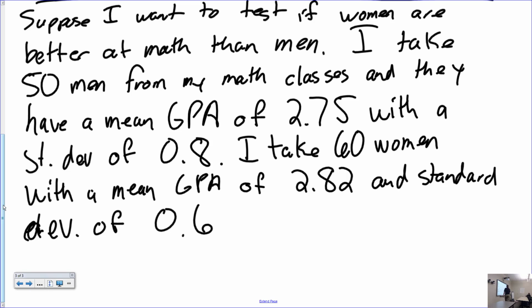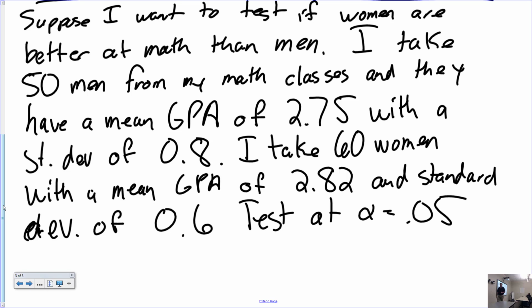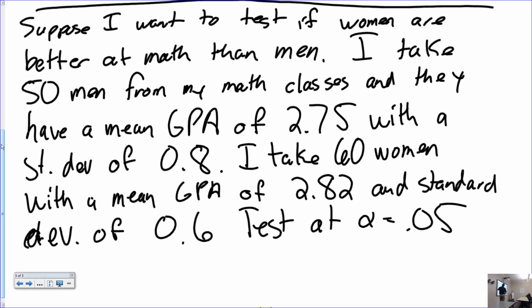And let's test this at alpha equals 0.05. So here we go. We're trying to do the classic Battle of the Sexes test, folks.